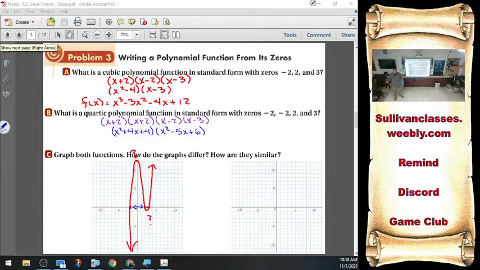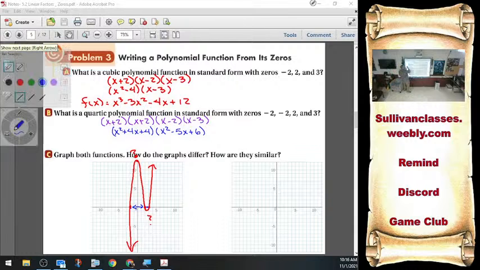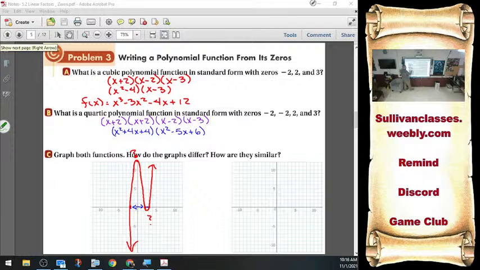And there's some kids who are going to like every one of those. I don't care how you do it. You just multiply the way that works for you. If I take x squared times this stuff, I will get x to the fourth minus 5x to the third plus 6x squared.